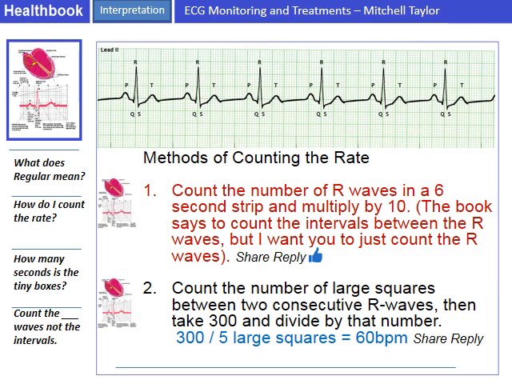0.20, or 20, 40, 60, 80, and 1 second would be 5 of the larger boxes. Does that make sense? So 5 little tiny boxes make up a bigger box, and then 5 of those larger boxes make up 1 second.